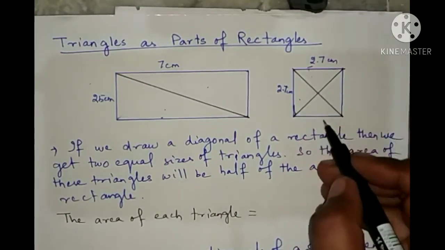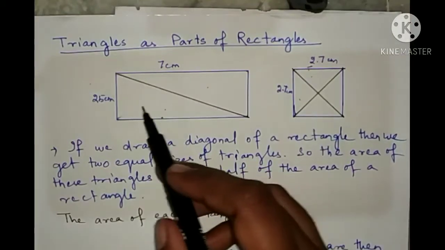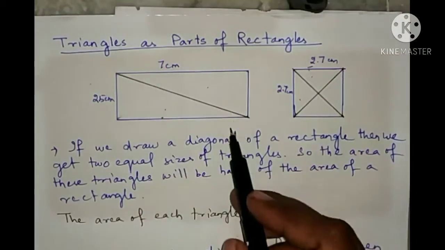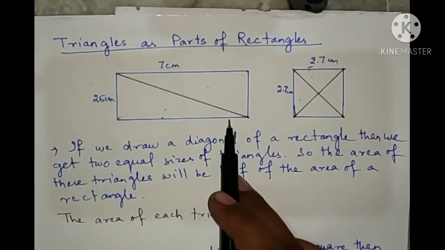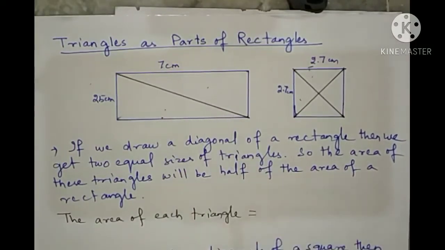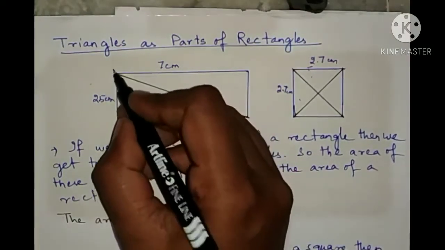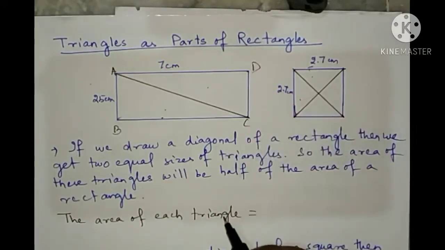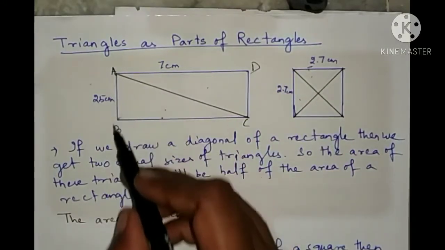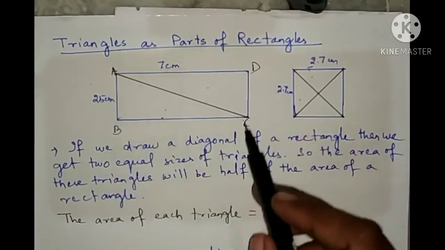I am getting four triangles, and these are of equal sizes. If I draw one diagonal on the rectangle, I get two equal-sized triangles. So if I name the rectangle A, B, C, D, the area of ABC is equal to the area of ADC.